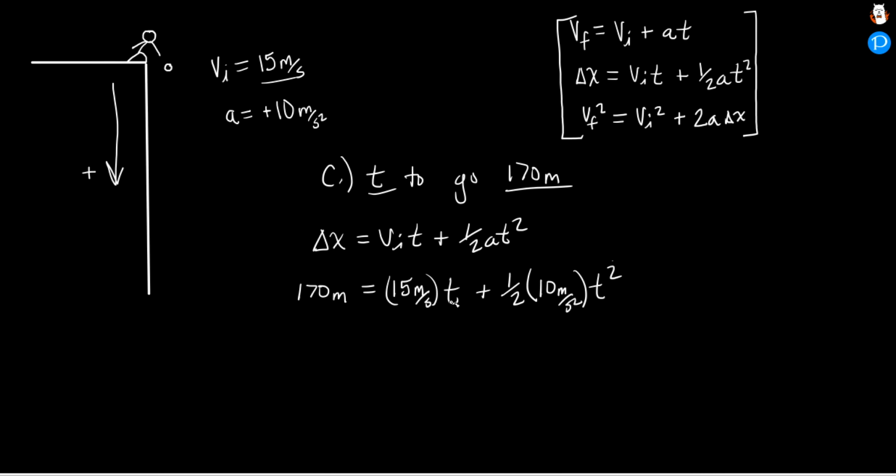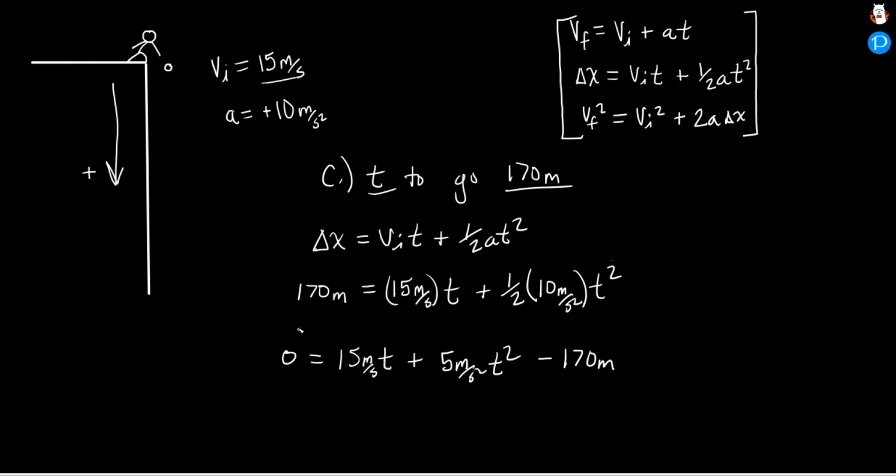Okay, let's see here. What I'm going to do is bring this over to the other side, so what we're going to end up with is 0 right here, because there's going to be nothing. 15 meters per second t plus, I'm also going to simplify this down to just 5, because 1/2 times 10 is 5 meters per second squared times t squared, and then minus 170 meters.